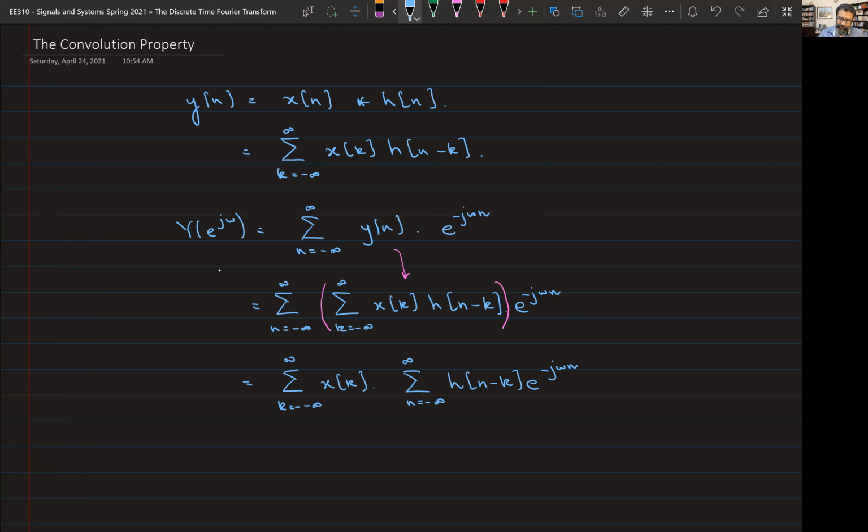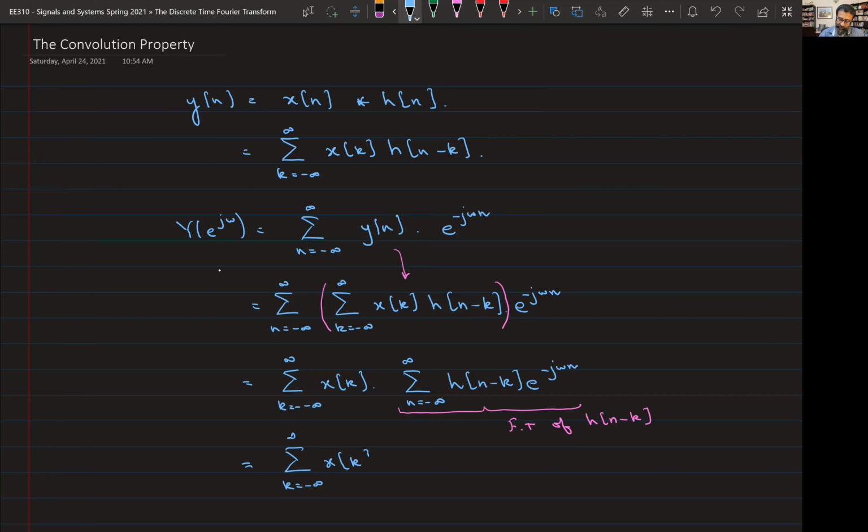And if you take a look at what this is, this is just the Fourier transform of h of n minus k, where k is the shifting. So you have shifted by k indices, and just use the time shifting property to conclude that this is equal to summation k going from minus infinity to plus infinity x of k.